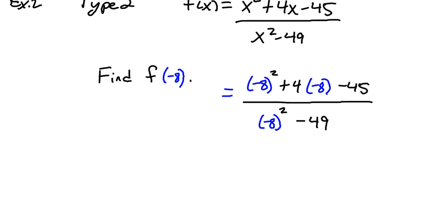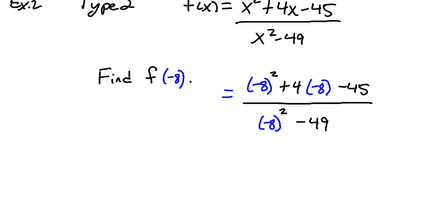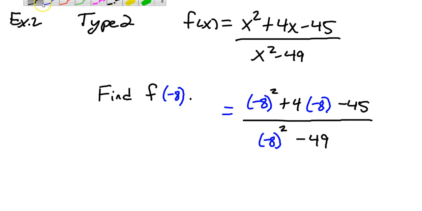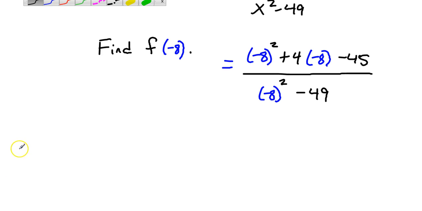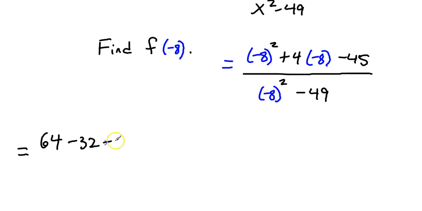And again, it's a two-part question. You're going to work the top part, and then you're going to work the bottom part. And I'm right at the bottom of the page, so I won't put that over here. So if we do negative 8 squared, that is 64. 4 times negative 8 is negative 32. And then we've got the minus 45.